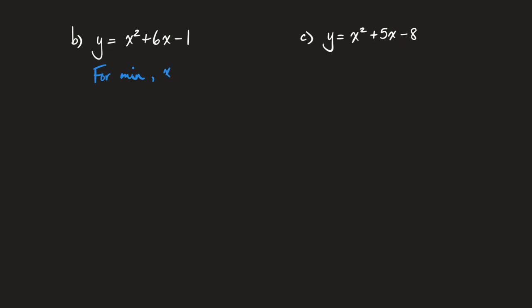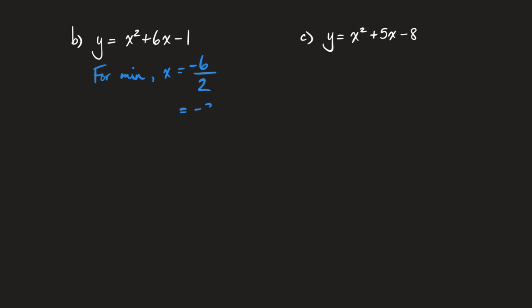For my minimum, my x equals. Now, if you want to write down your negative b over 2a, feel free. If you just want to sub your values in, feel free. If I were you, I would get really, really used to writing it down until it's drilled in, then just using it. Switch the sign on your b value, divided by 2 times your a value.